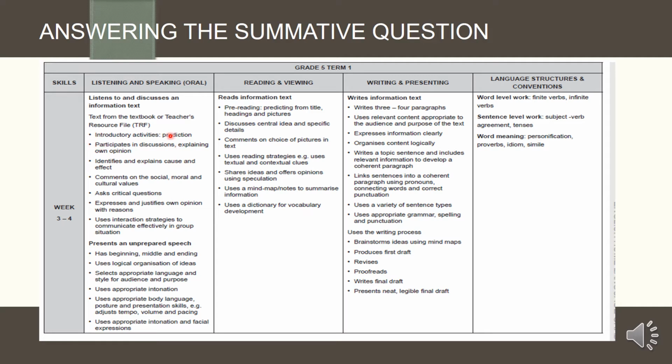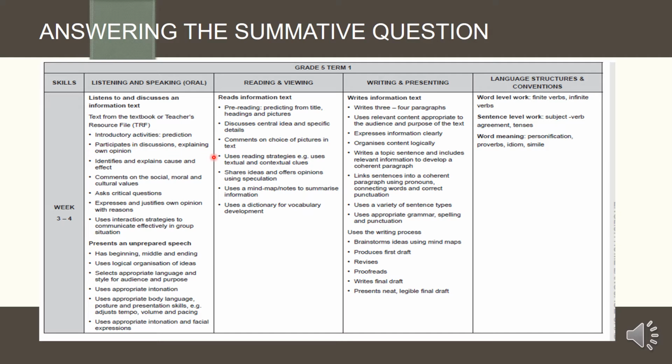First of all, since our text is a fable, there is a fable on another page too, in CAPS. But the first thing you are expected by CAPS to do is to have introductory activities to cause the child to predict what's going to happen. That's what we call pre-listening.